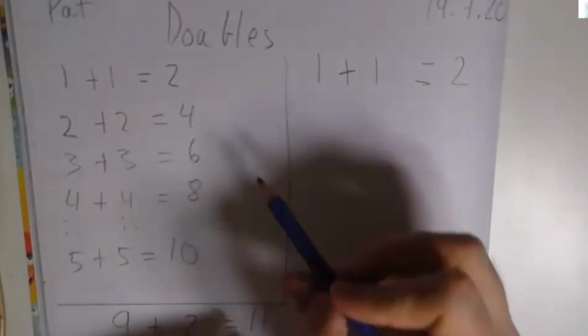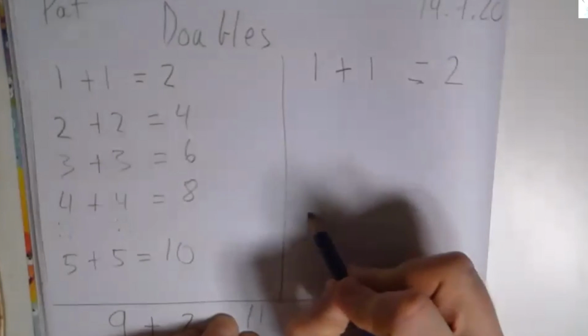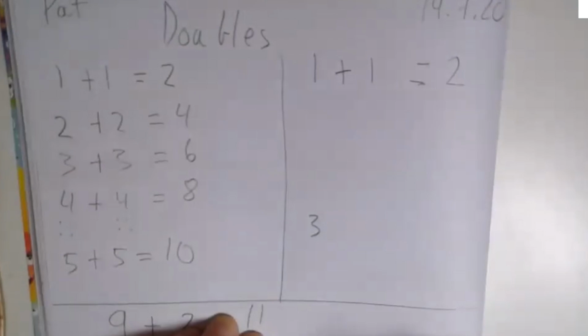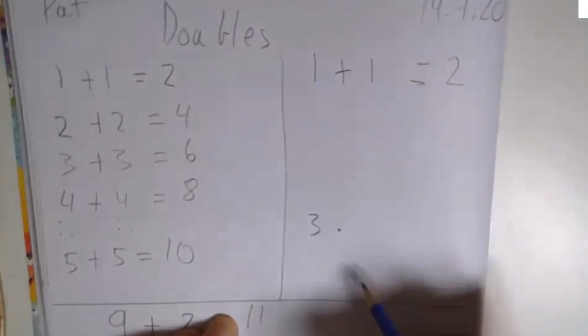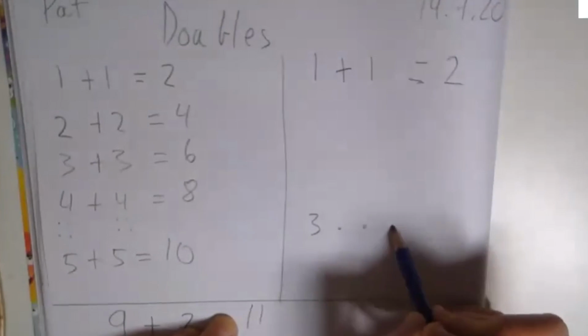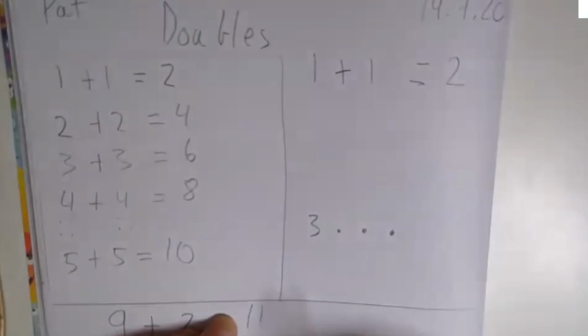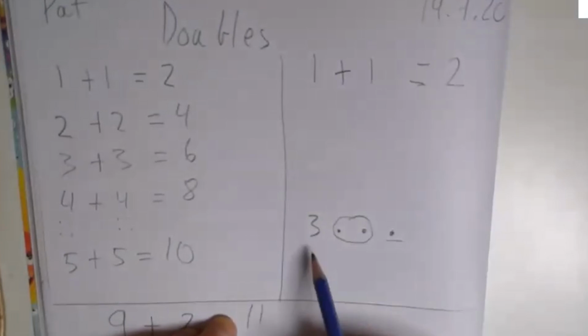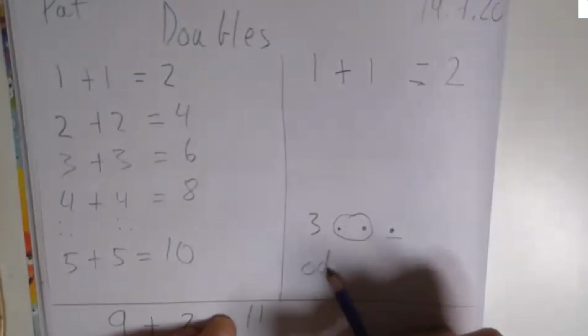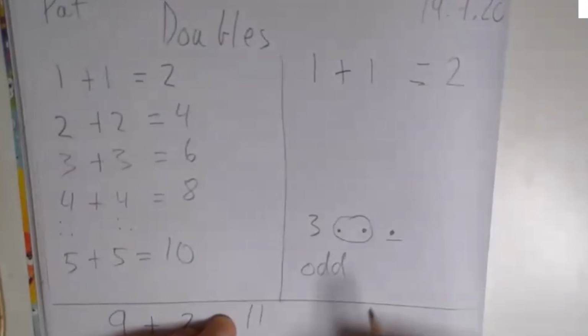Let me show you what I mean. So if we're looking at the number, let's say 3, well, we have one person dancing and another person dancing and another person dancing. Well, these 2 people are dancing together, but look, this person gets left out. So 3 is an odd number, meaning there's 1 left over.